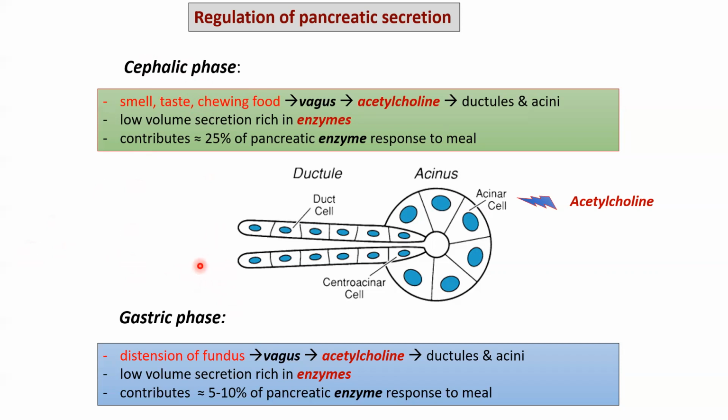And remember, distension in the stomach causes a little relaxation in the fundus region, but it also triggers the vagus to the pancreas. The pancreas is innervated by postganglionic neurons present in the pancreas, postganglionic of the parasympathetic.